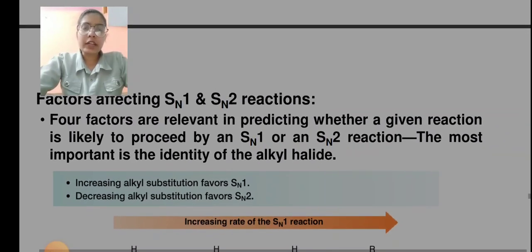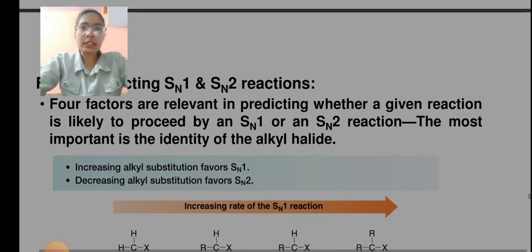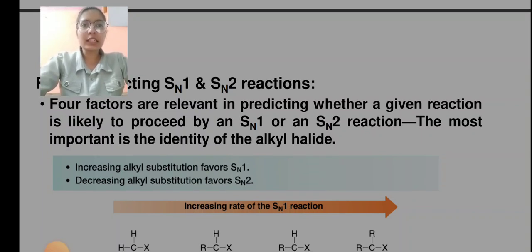Factors affecting SN1 and SN2 reactions. Four factors are relevant in predicting whether a given reaction is likely to proceed by an SN1 or an SN2 reaction. The most important is the identity of the alkyl halide.